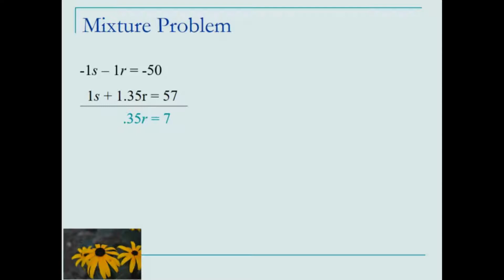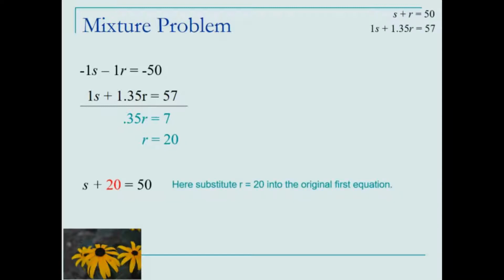The result is our one equation with one unknown. Solving for the variable, we'll divide both sides by 0.35, resulting in R equal to 20. This is only one of the weights, so we need to use this value, substitute it in either one of the equations to solve for the other value.